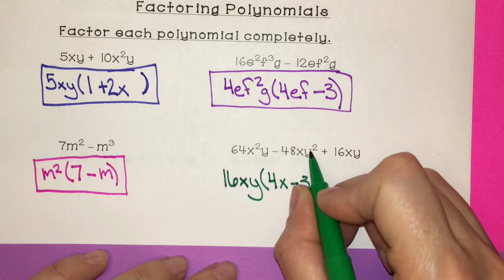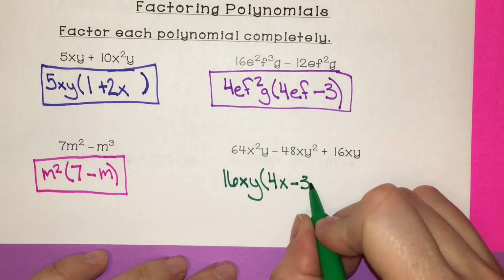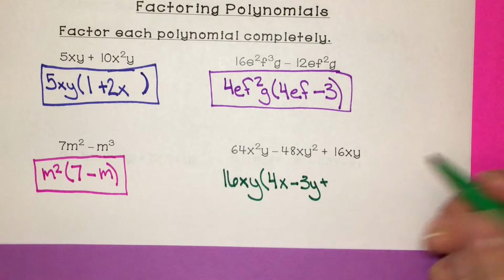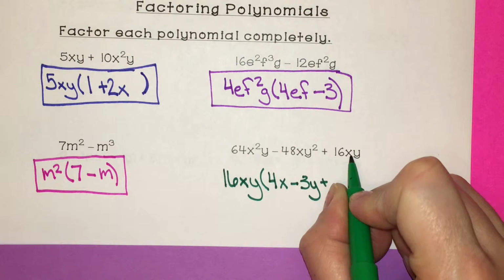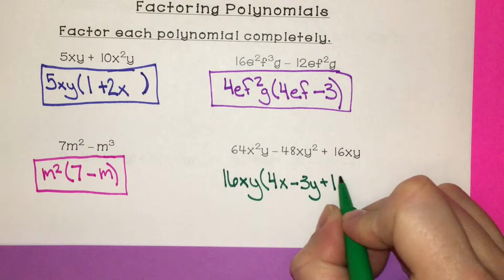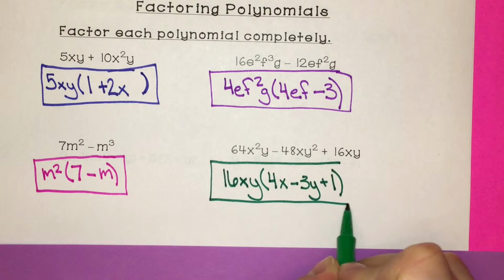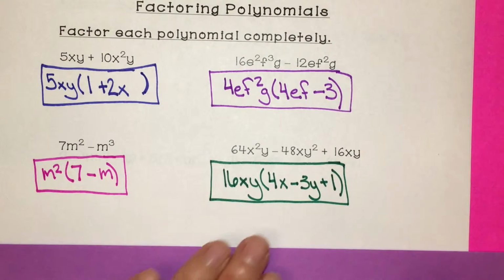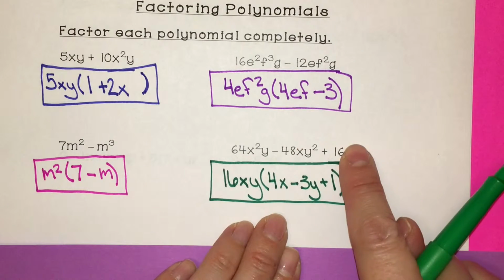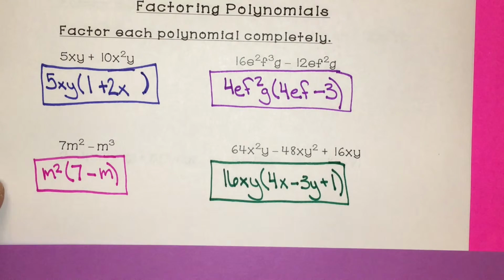We factored out the x, and y squared divided by y is y. Plus 16 divided by 16 is 1, x divided by x is 1, y divided by y is 1, so we're left with just 1. And that is our answer. You should have 3 terms in the parentheses because we had 3 terms up here, and when we redistribute, we need to still have those 3 terms.